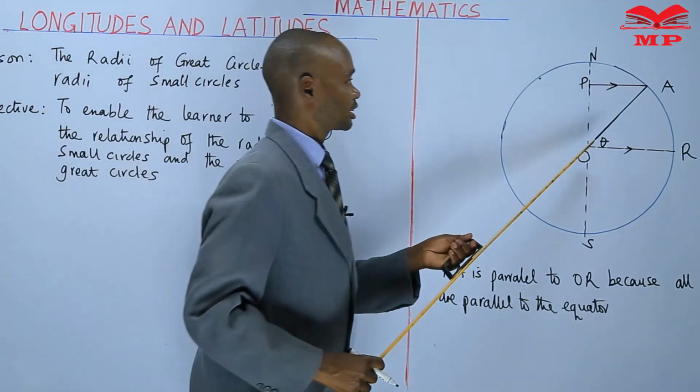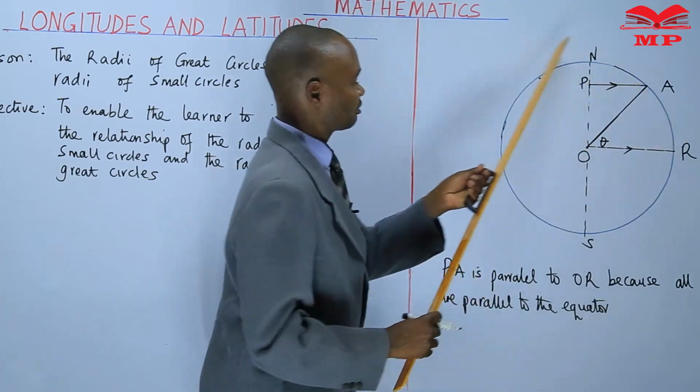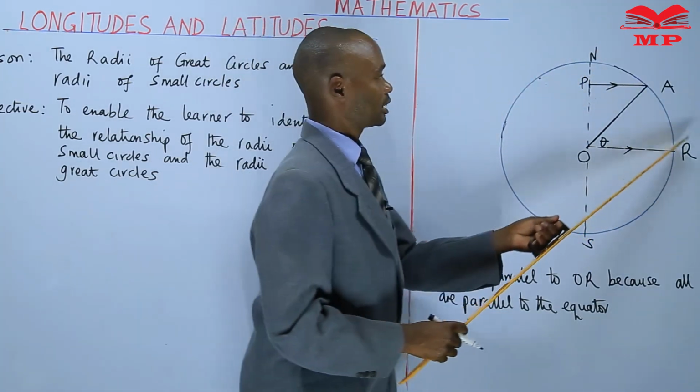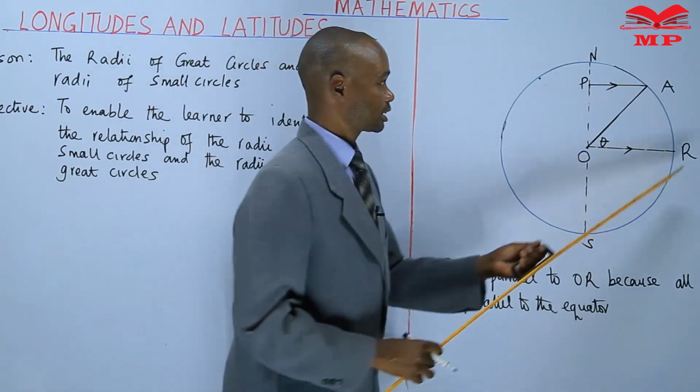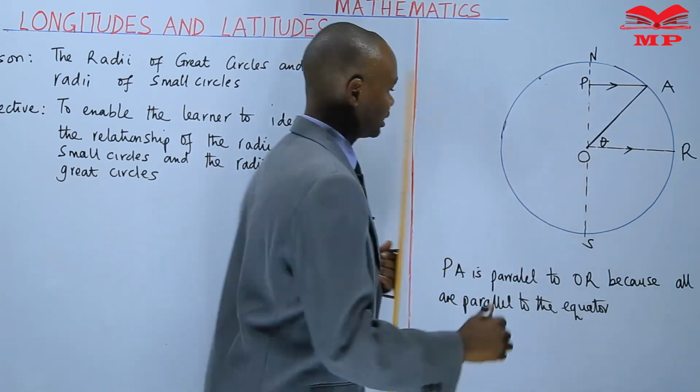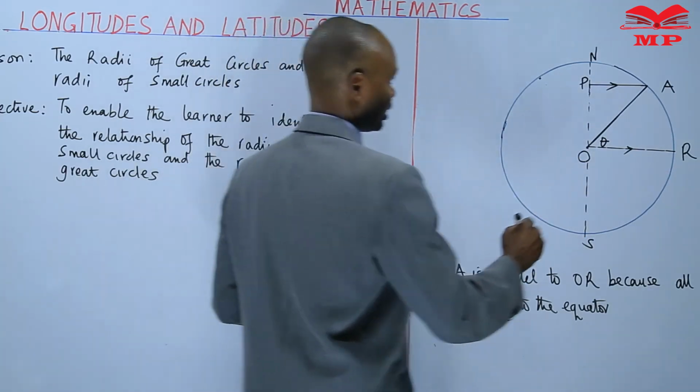And you realize there is OR, and this happens to represent a great circle. So OR is also the radius of the Earth.